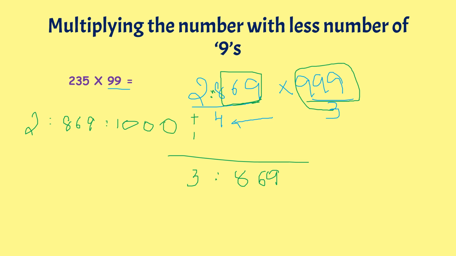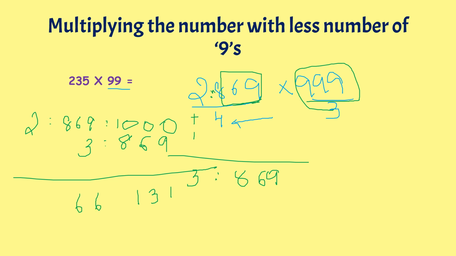So we subtract: 10 minus 9 is 1, 9 minus 6 is 3, 9 minus 8 is 1, and 9 minus 3 is 6.